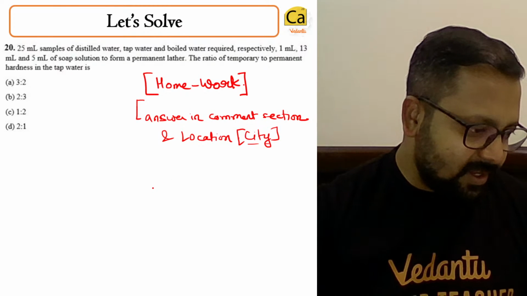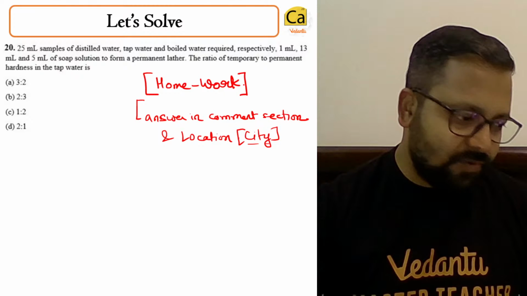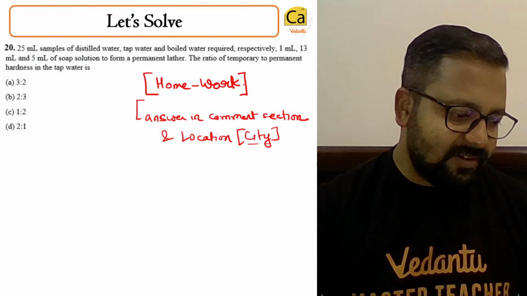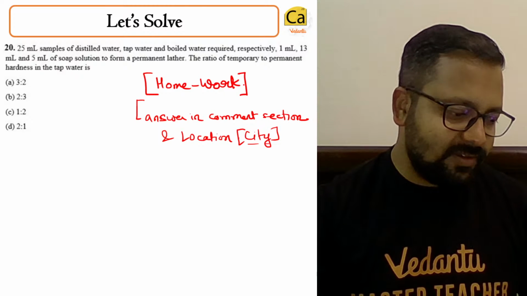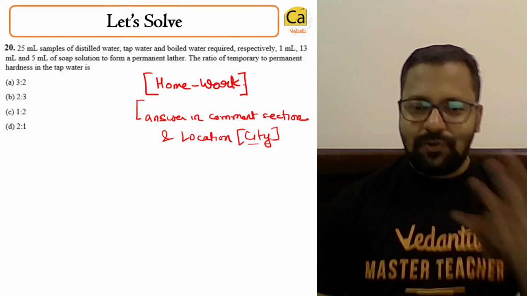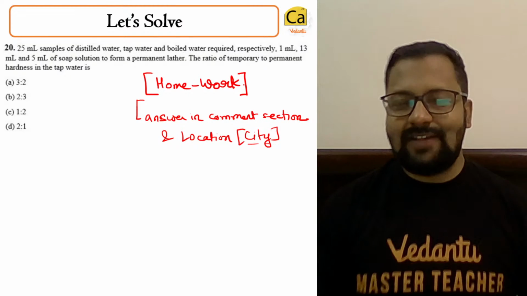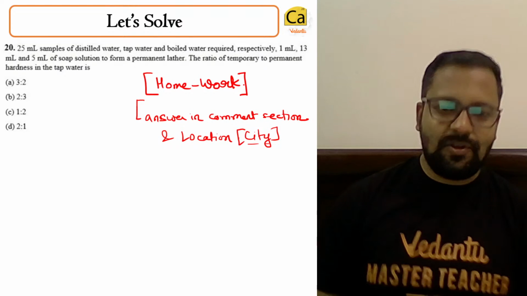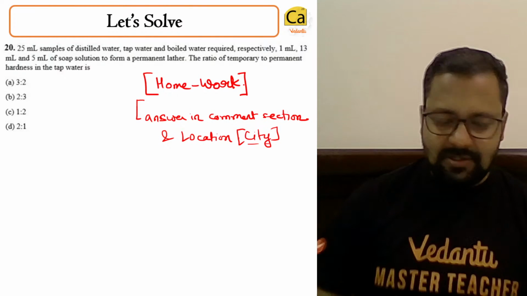Anandan 1050. Aruhi 1150. You do not have to tell me your location right now. You can tell your location in the comment section. Answer and location.